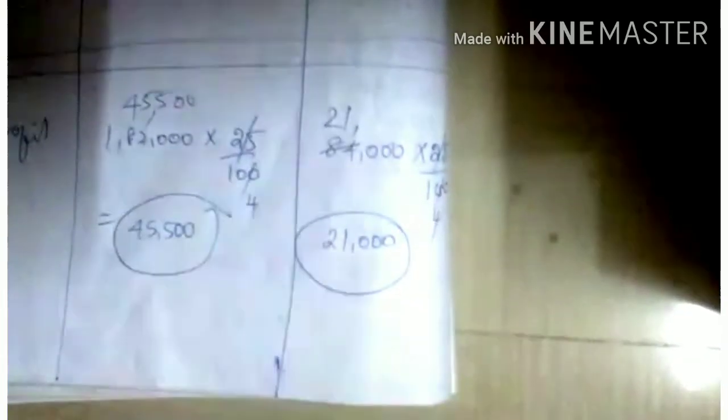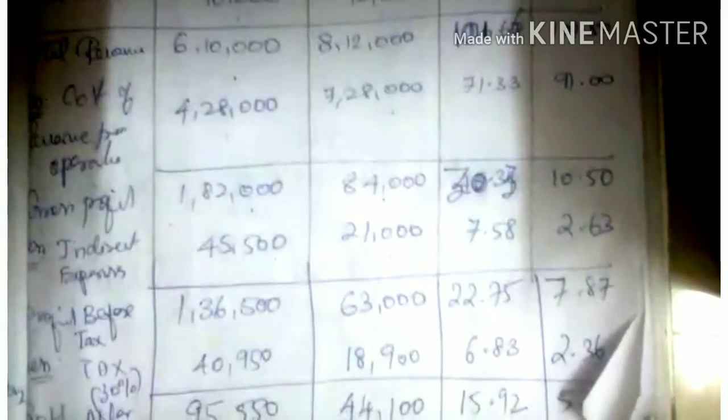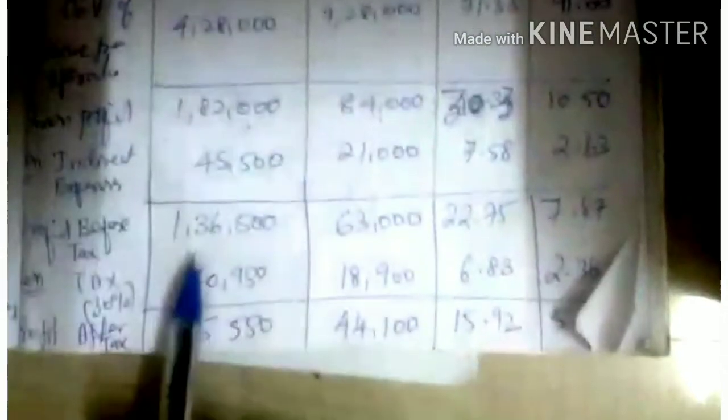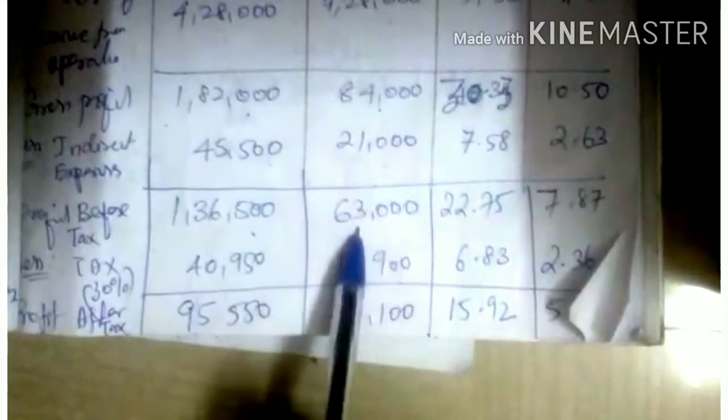So we put these here: 45,500 and 21,000. Then we get profit before tax: 1,36,500, and 84,000 minus 21,000 gets 63,000.